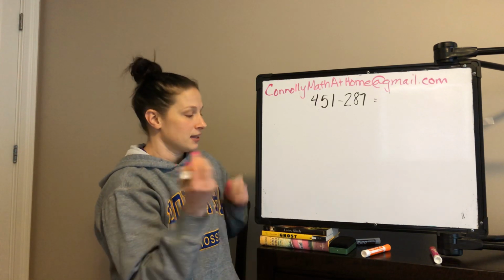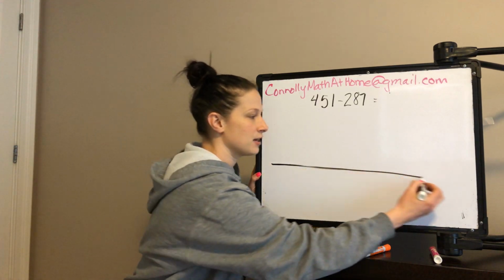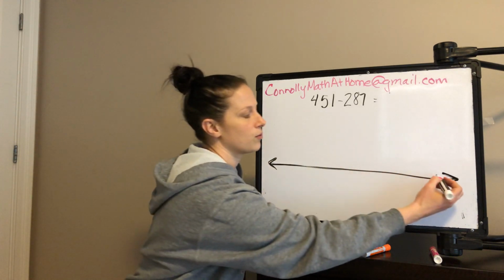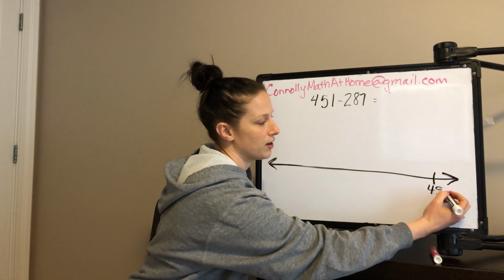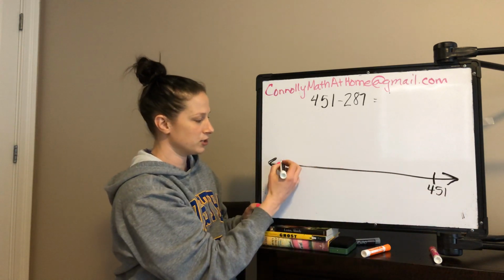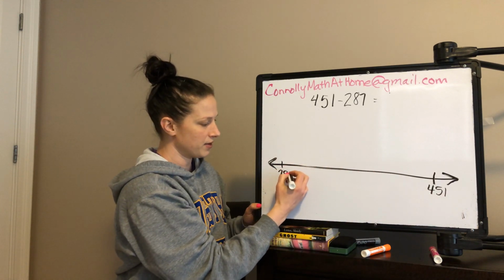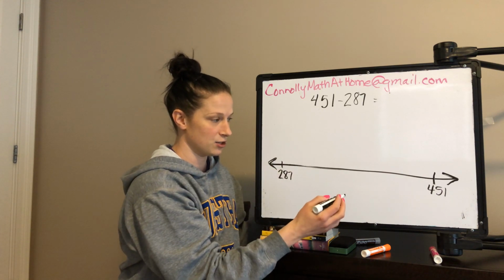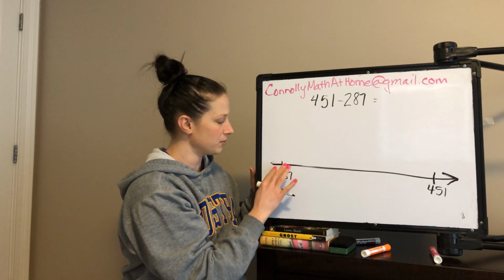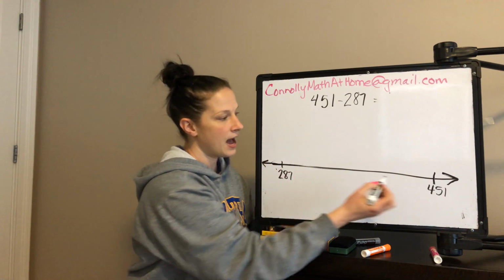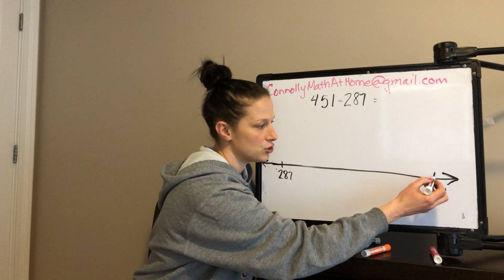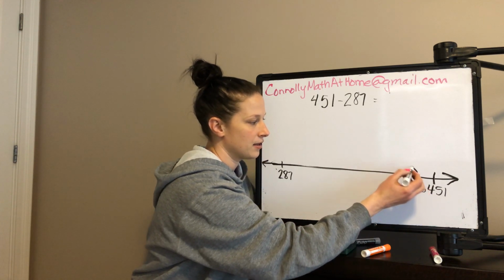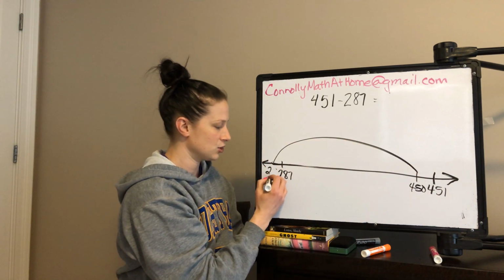So the last thing, and I have to do this on the number line so I can see, is what we call a sliding scale. If we're thinking about 451 minus 287, we're thinking about the difference here. But if I wanted to make this an easier problem, I'm going to need more space here, I might do 450 and the distance to 286.